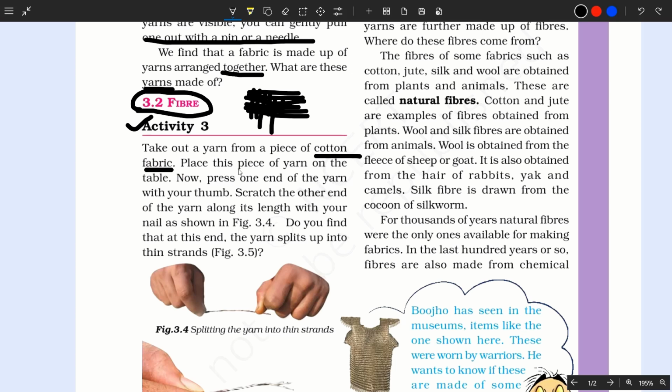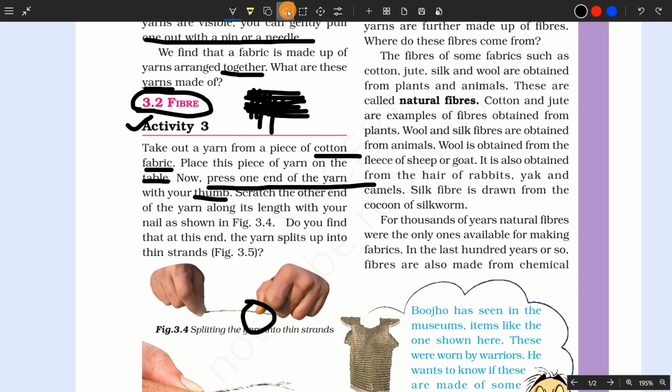Place this piece of yarn on the table. Just take a yarn and put it on the table. Now press one end of the yarn with your thumb. Here you can see they are pressing one end of the yarn with their thumb.